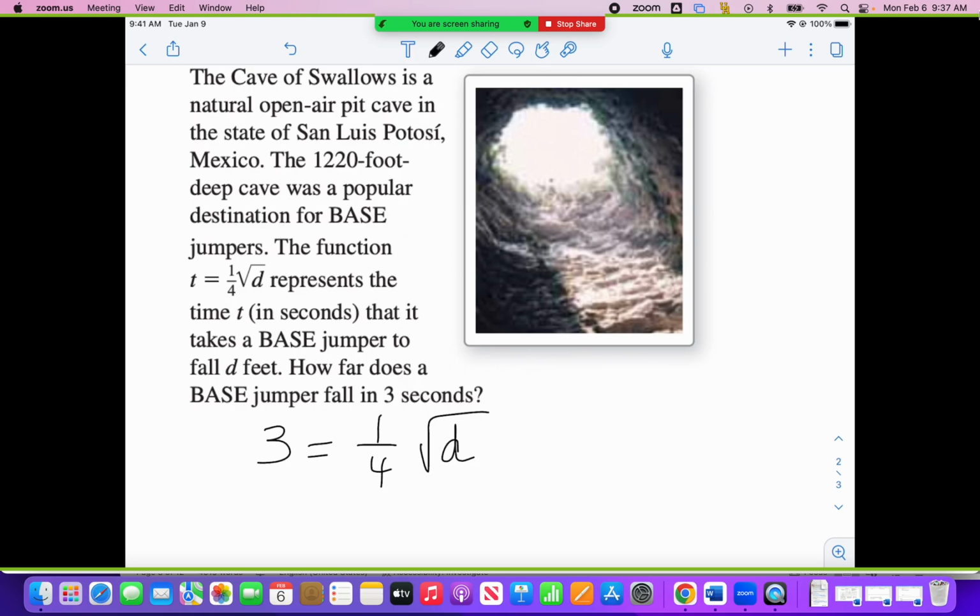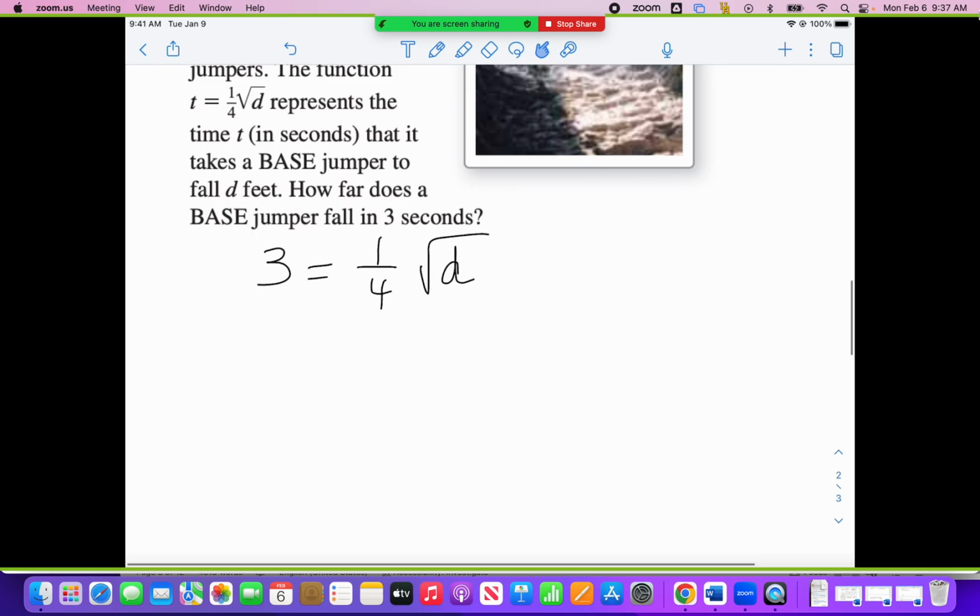What is step 1? Isolate. So what do I have to do to both sides of this equation in order to isolate my square root? Multiply both sides by 4. So you get 12 equals the square root of d. Is my square root alone? Yes. What is step 2? Square both sides.